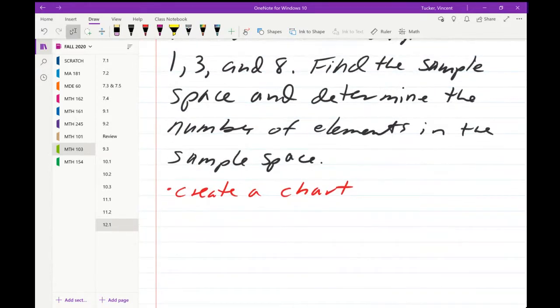So one of the ways that may help us figure this out is by creating a chart. And we can use the digits 1, 3, and 8 to create a two-digit number.